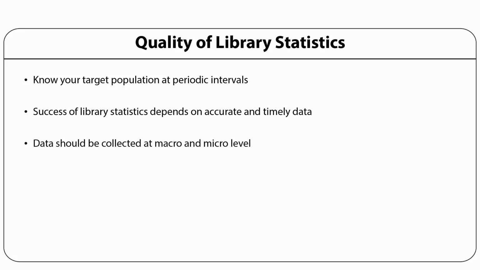Data should be collected at macro and micro level. At the macro level, you probably have put a counter at the gate, or your guard may be making an entry of how many people have entered the library. That gives you your number of visitors in the library, and that I call macro data.